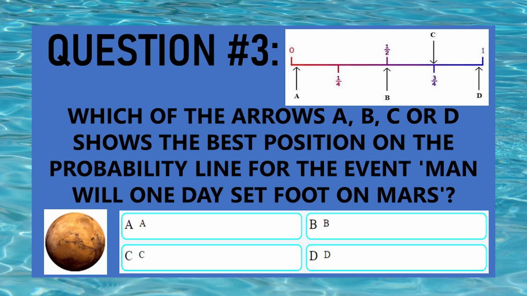Question number 3. Which of the arrows A, B, C, or D shows the best position on the probability line for the event man will one day set foot on Mars?